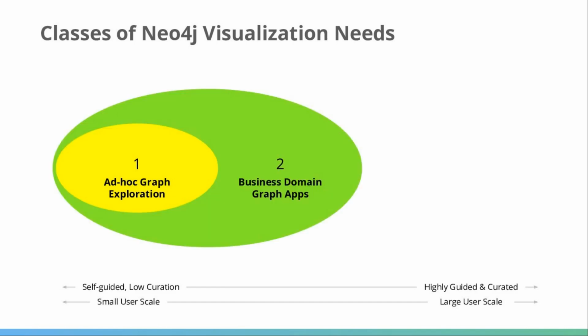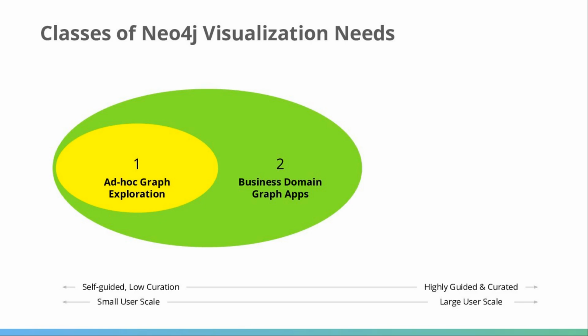Another class of visualization needs that our customers have are around business domain applications that are for solving a particular business problem, for making sure that their analysts, their people on the front lines can get advantage out of the graph data that the organization has, so that they can make business decisions for the business, and that's the second class that we see.